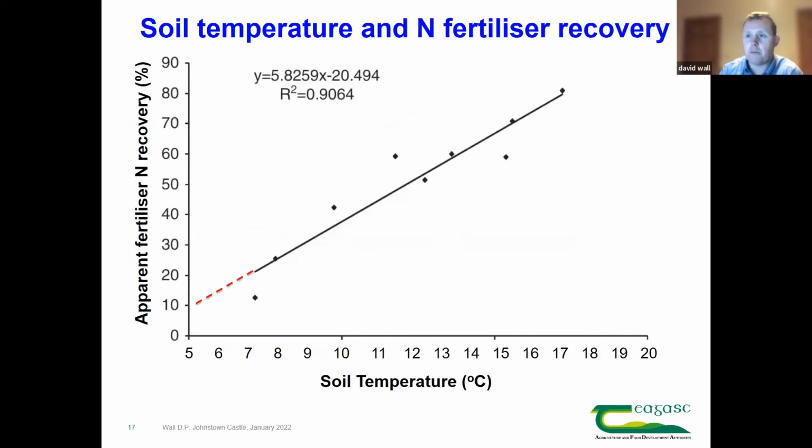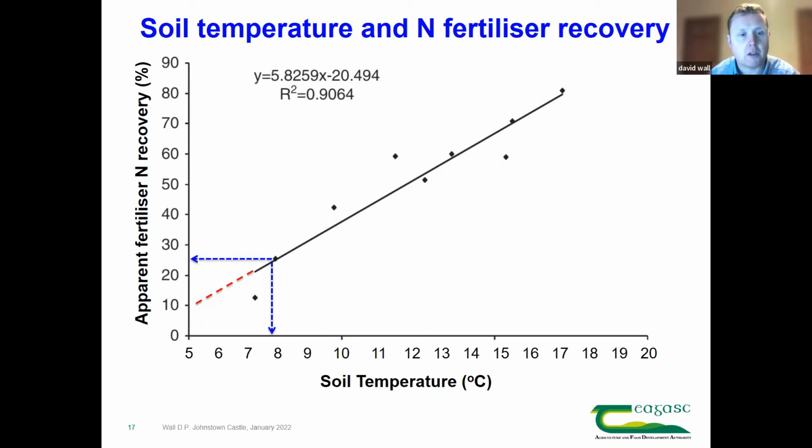If we put soil temperature there and we look at apparent nitrogen recovery, so this is the percentage of the fertilizer that we put out that's recovered at the different soil temperatures. If we look down here, to get about 25% of the fertilizer that we put out recovered, it takes somewhere between 7 and 8 degrees Celsius in terms of soil temperature.